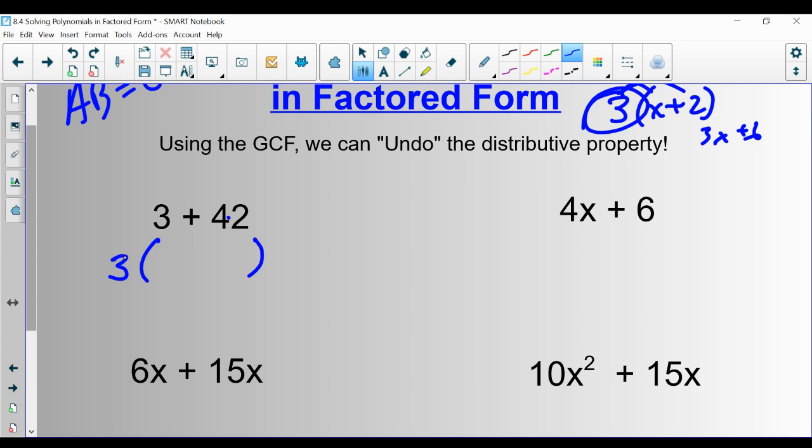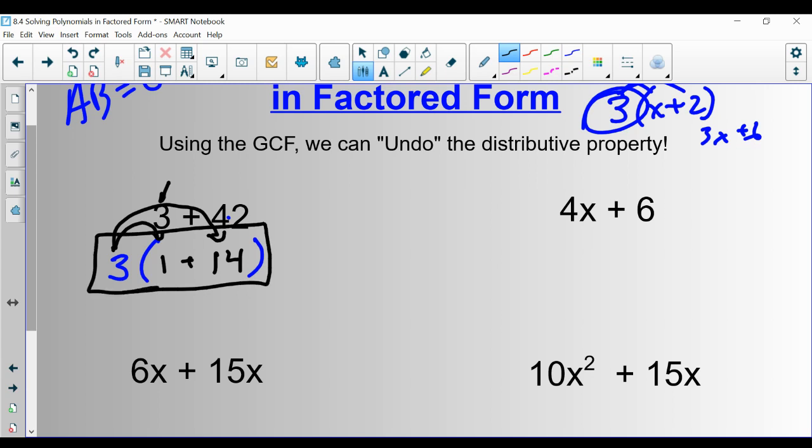So if 3 is a common factor between 3 and 42, the question you're asking yourself would be 3 times whatever goes here needs to give you 3. So 3 times what is 3? That would be 1. And then 3 times whatever goes in this parentheses needs to give you 42. And 3 times 14 is 42. And this would be undoing the distributive property.